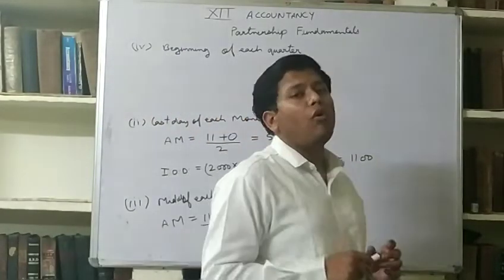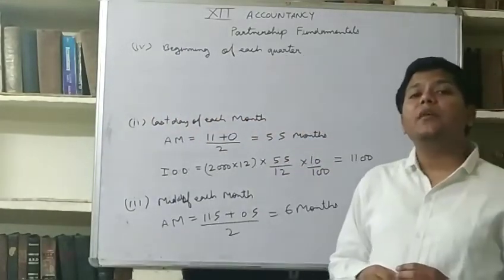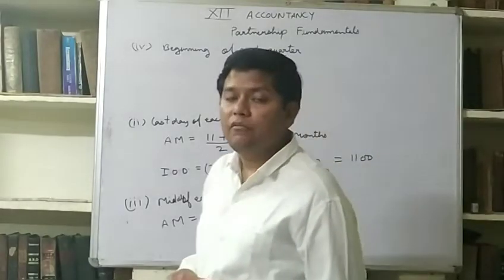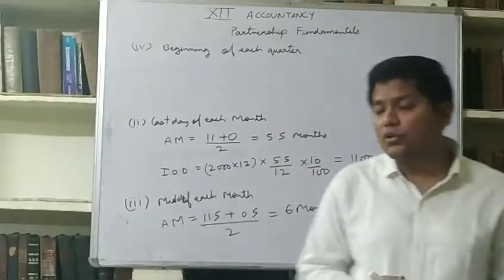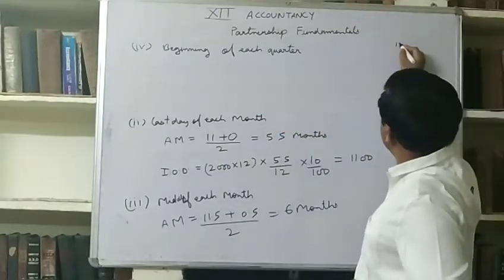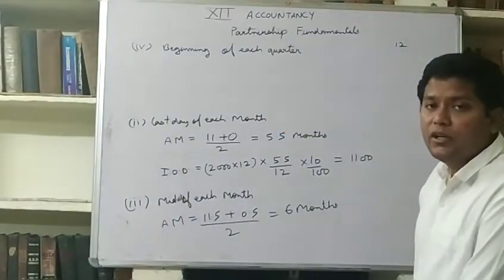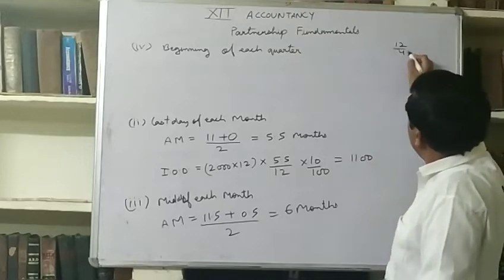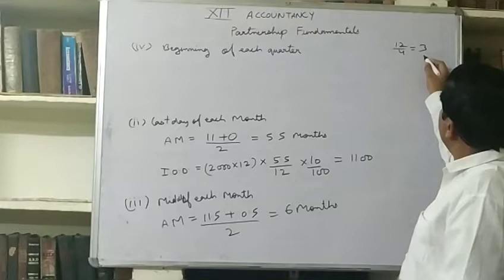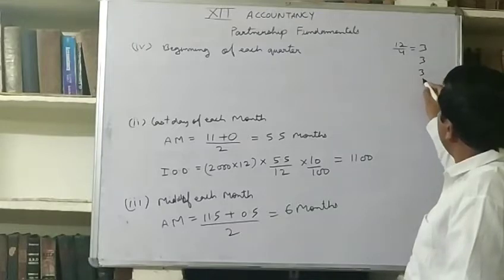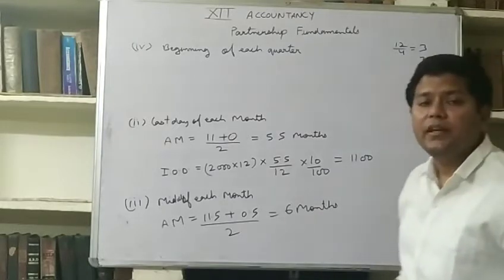The quarter of a year will be 3 months. One quarter comprises 3 months because there are a total of 12 months in a year. So its fourth portion will be 3 months. So there are 4 quarters in a year comprising 3 months each.